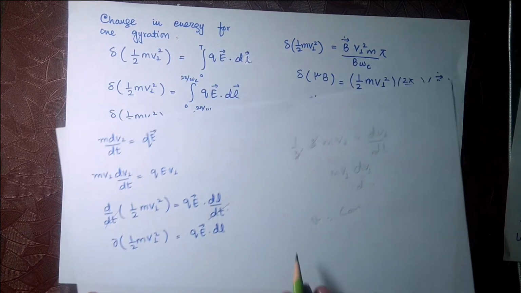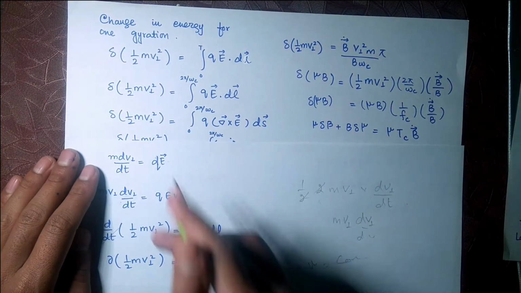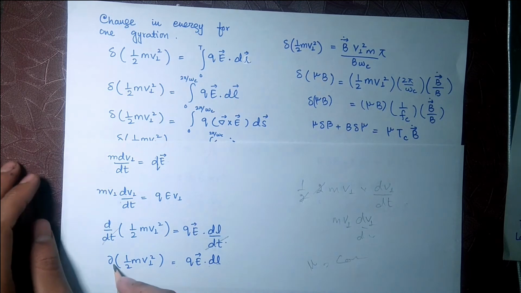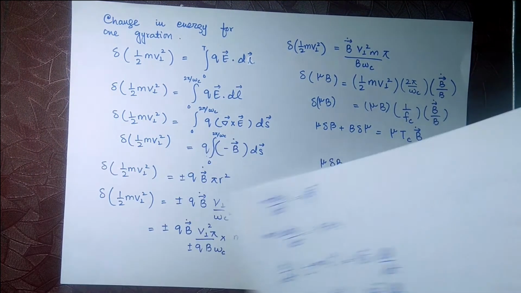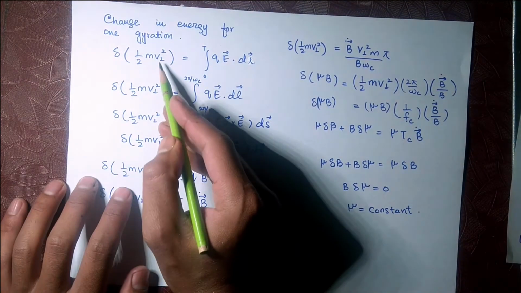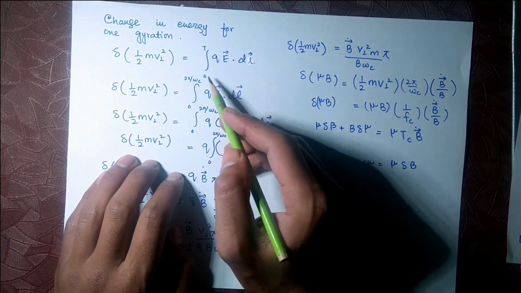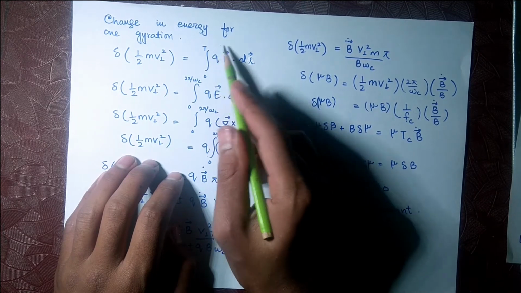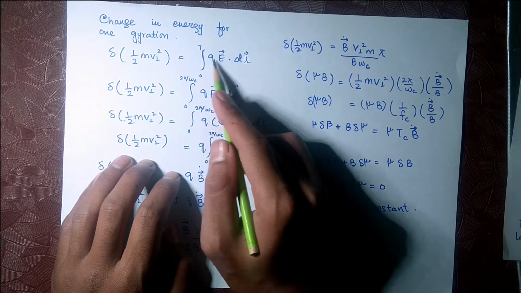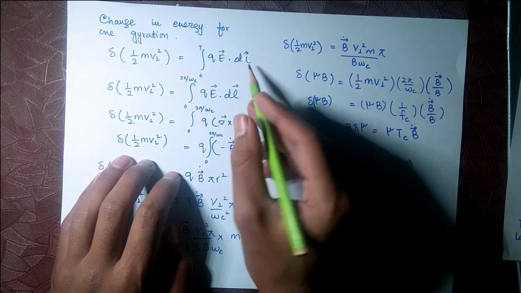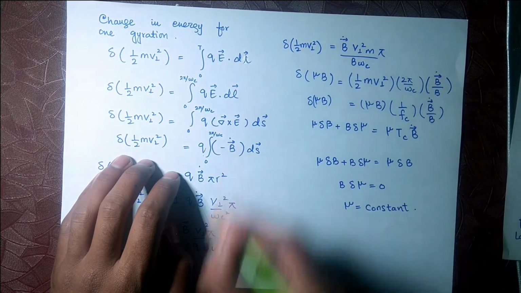Integrating this term here, for the small change we replace this partial differential by del. So del of half m v perpendicular squared equals the integral from 0 to T, for one cycle, of qE dot dl. This is dl.